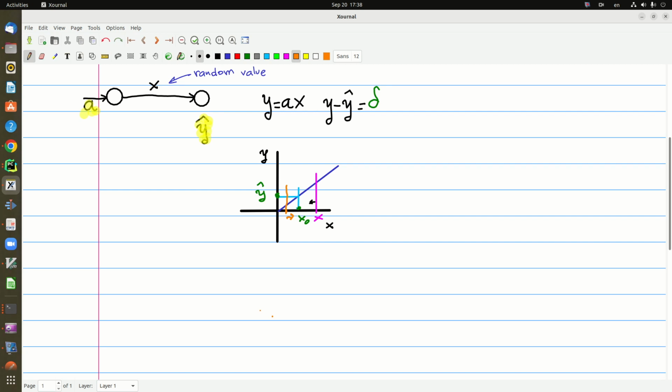How much are we going to move? This is an arbitrary number. Let's call this step with the letter eta, the Greek letter eta. And let's say that every time we're going to move either to the left or to the right by h.